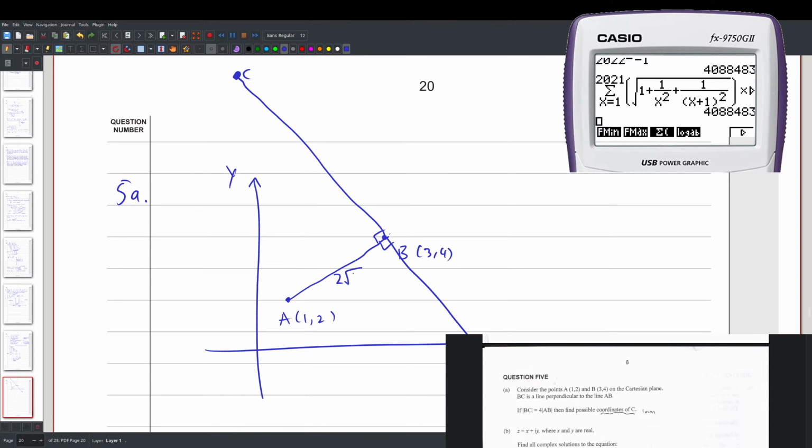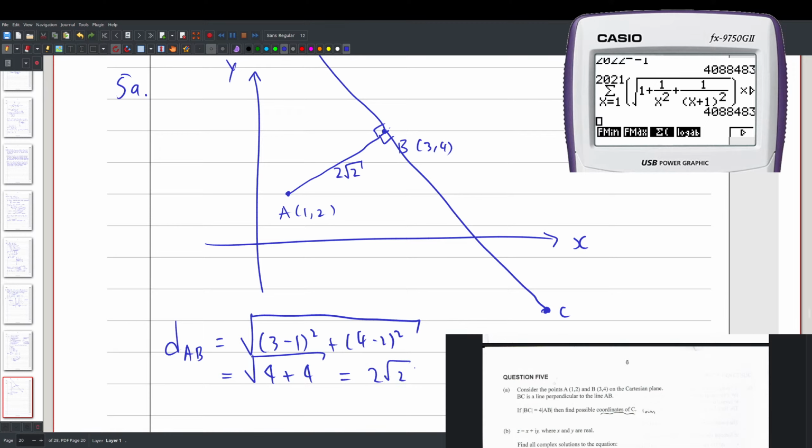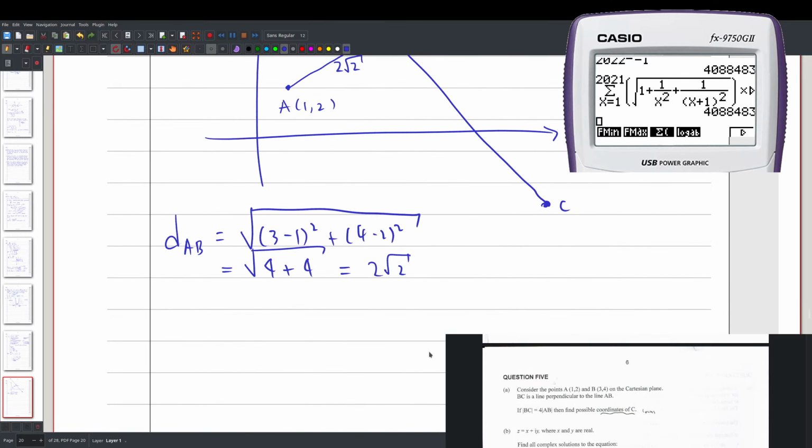So this is just 2 root 2 basically, because this DAB is equal to square root of (3 minus 1) squared plus (4 minus 2) squared, 4 plus 4. Oh, this should be plus. So it's like 2 root 2. So DBC is 8 root 2, and MBC is negative 1 on MAB, which is negative 1 on 1, so negative 1.